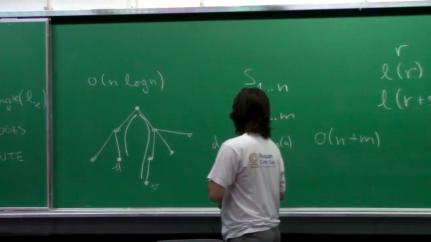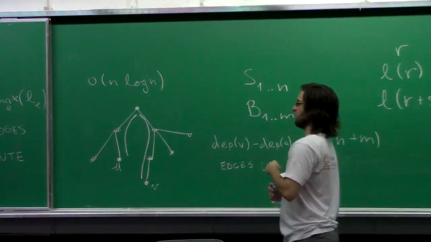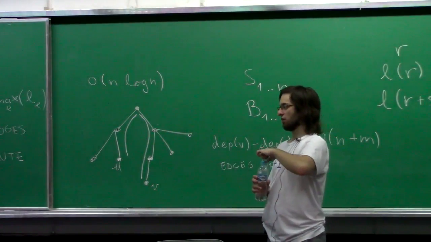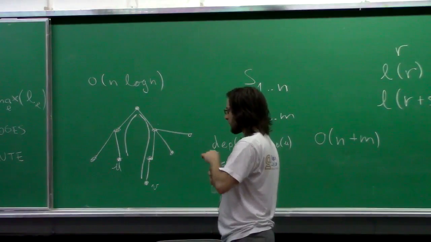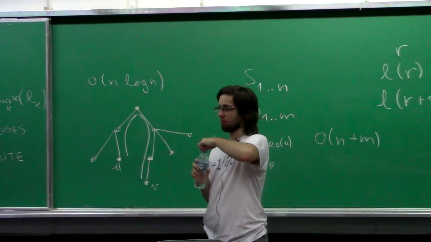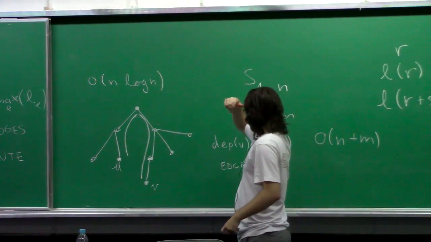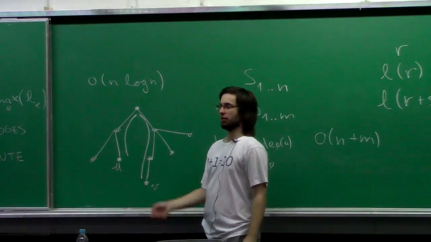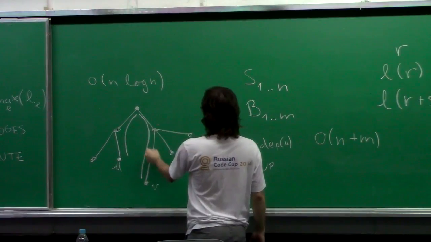So how do we use this LCA algorithm for finding the maximum length of an edge on a path? Of course, just like we computed the ancestor at 2 power k edges up, we can compute the maximum length of the path from any vertex 2 power k edges up.